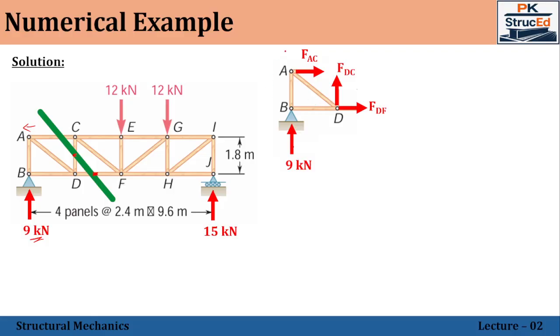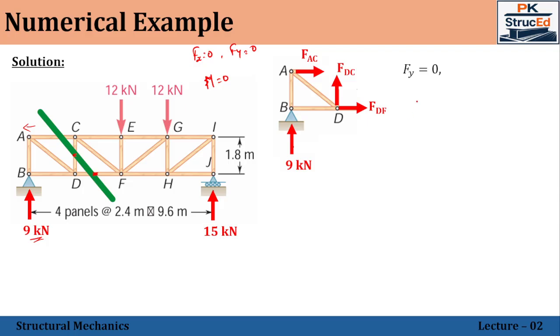Now, this comes under the non-concurrent force system because forces are not acting at the same point, whereas in the method of joints all the forces act at the same point. That's why we applied only Fx equal to 0 and Fy equal to 0. But in this case, in addition to these two equations, since the forces are acting at different points, we have M equal to 0 also at all the joints. That's what we are going to apply.